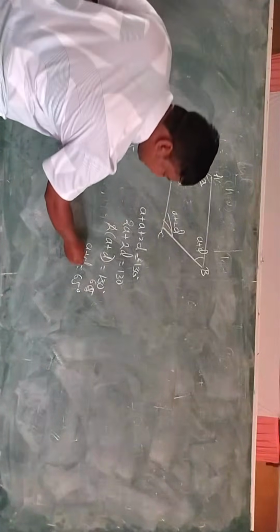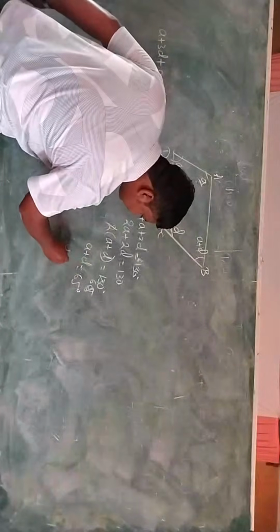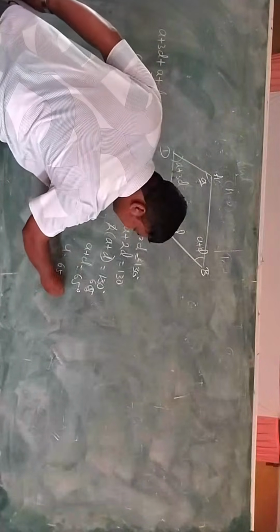Now we can calculate a and a plus 2d. Here a plus d is equal to 65, so a is equal to 65 minus d.